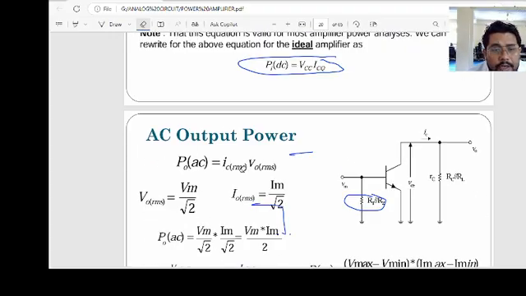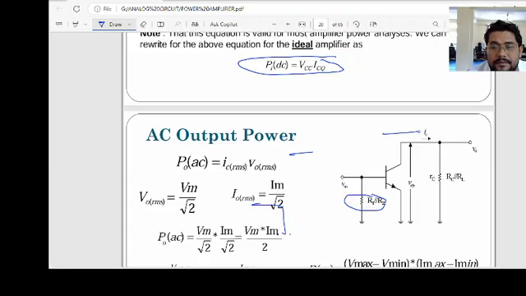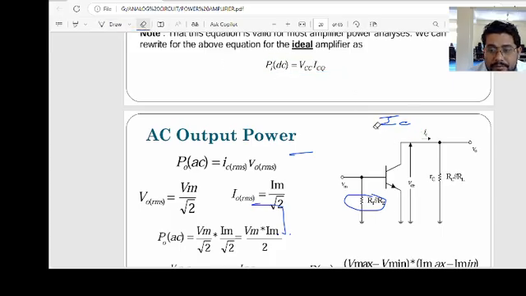So the AC output RMS value and the RMS value of the IC current; this is the IC going here, and this is the VCC, this is the RMS value.